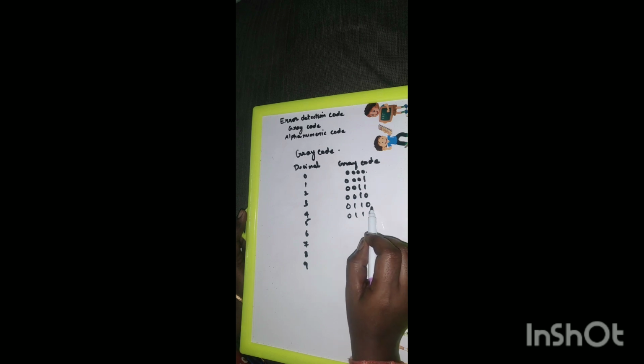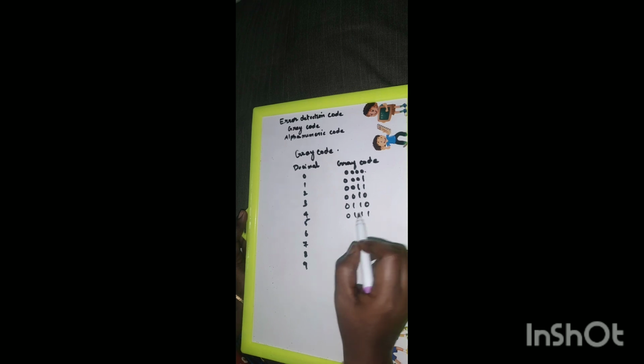It is already there, so we should shift to the next position. Here we can change this 1 to 0, the next higher position. It becomes 0 1 0 1. That is the same as 5. So this is a new code. So we can take it as the new code for 6.